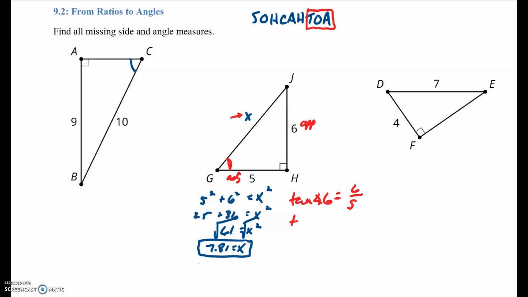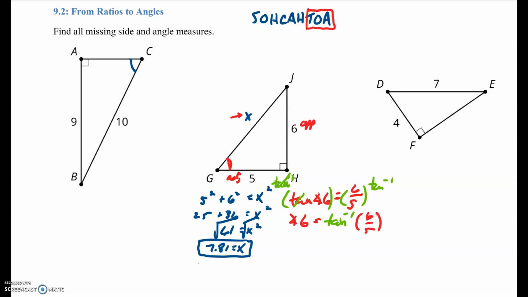So then in order to get angle G by itself, I'm going to do the same thing. I'm going to do arctangent. This arctangent cancels the tangent, and I'm left just with the measure of angle G on the left. That's going to be equal to whatever the arctangent is of 6 over 5.